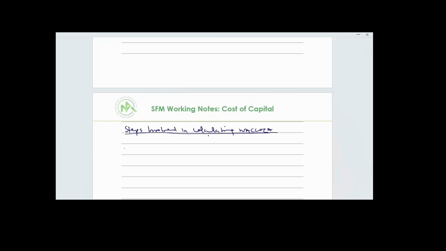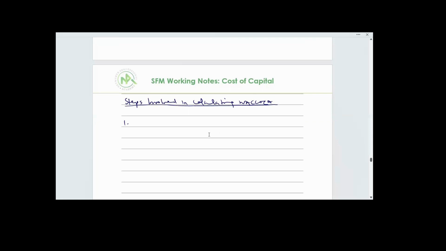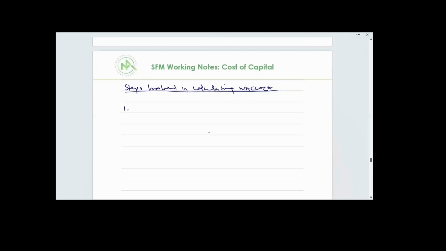Step 1, identify the beta of each activity. Step 2, ungear the beta if geared.